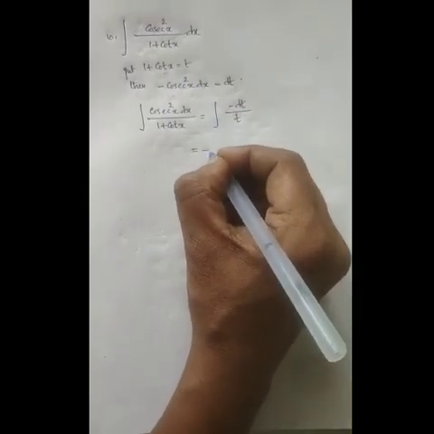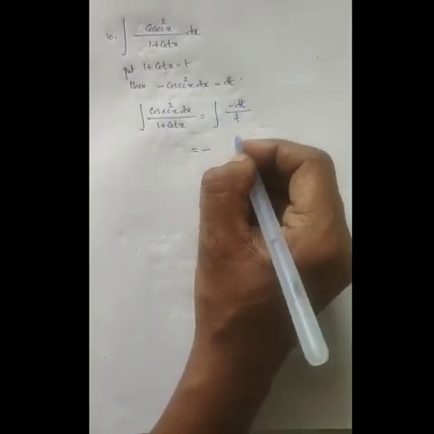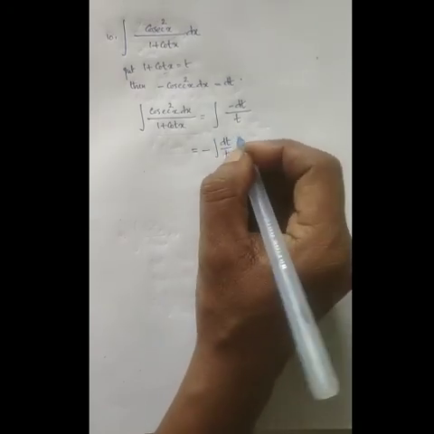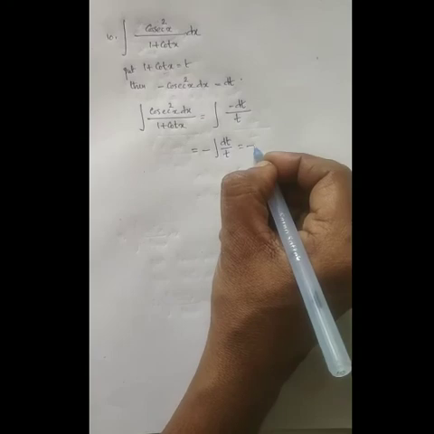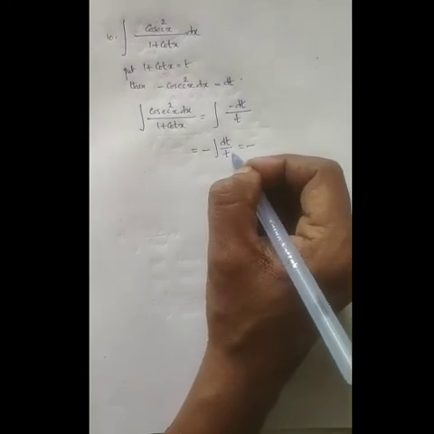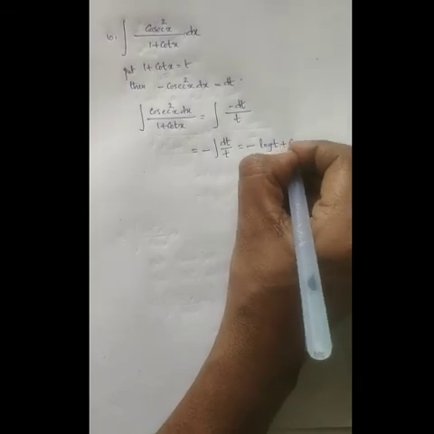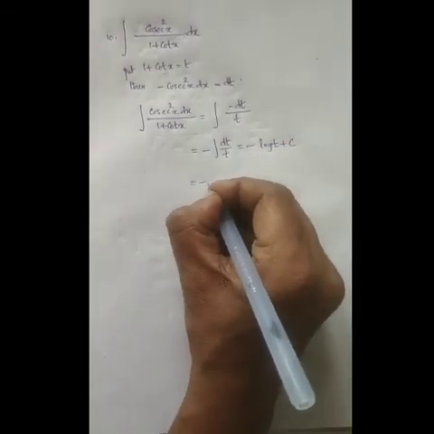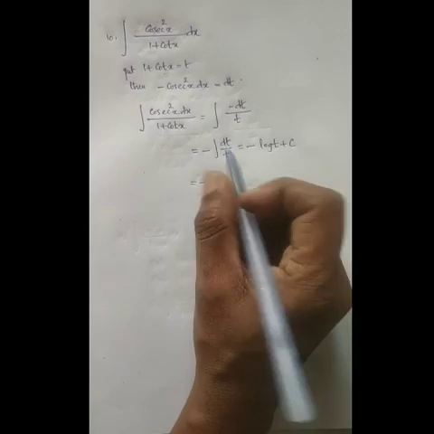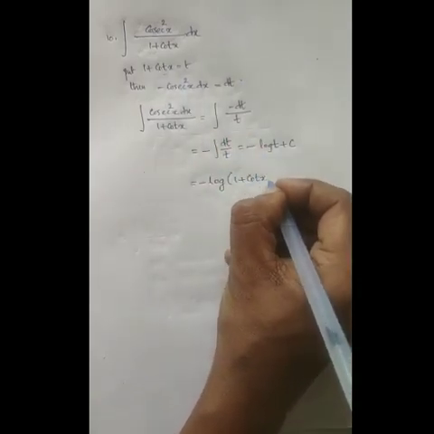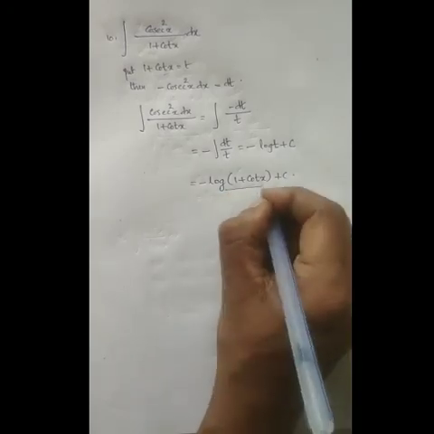Therefore, minus integral of dt by t is equal to minus integral of 1 by t dt is log t plus c is equal to minus log, and t is 1 plus cot x plus c.